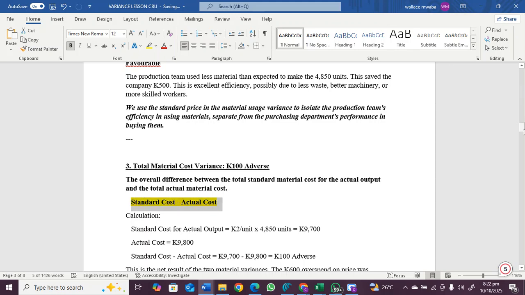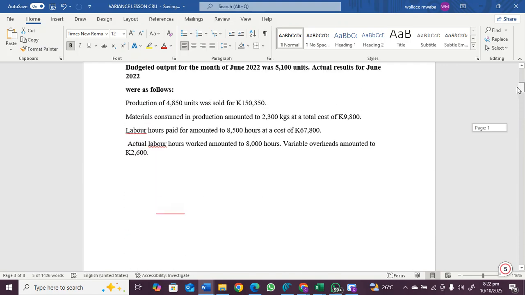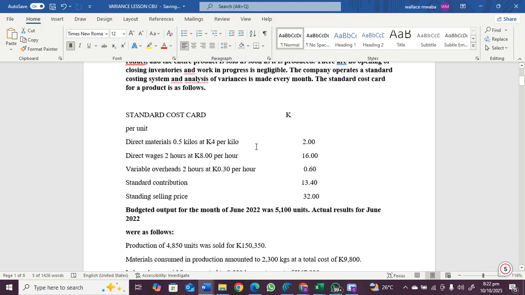Here we are coming to this figure. Direct materials is 2 kwacha per unit. We produced 4,850 units. So according to our standard cost card, the total material cost was supposed to be 2 times 4,850.